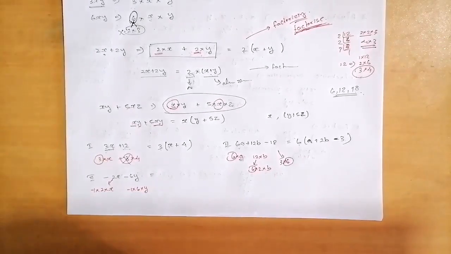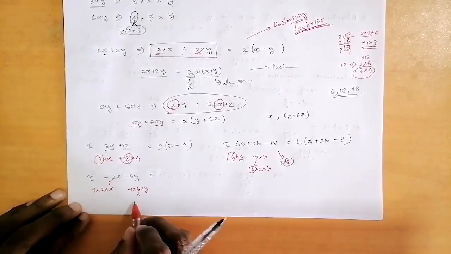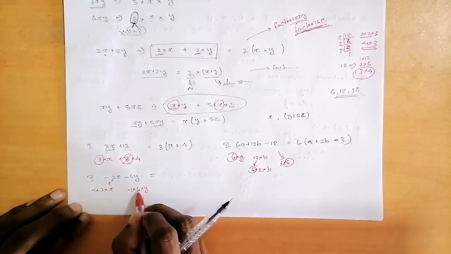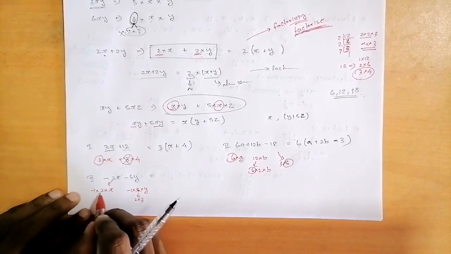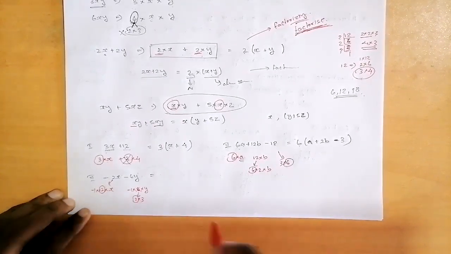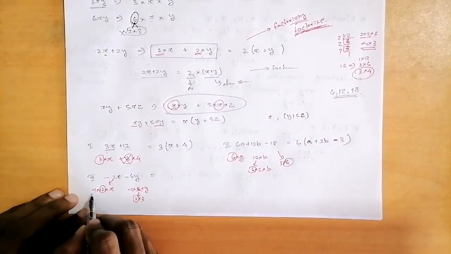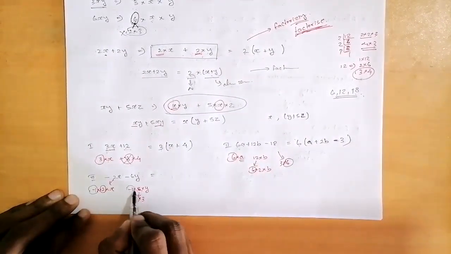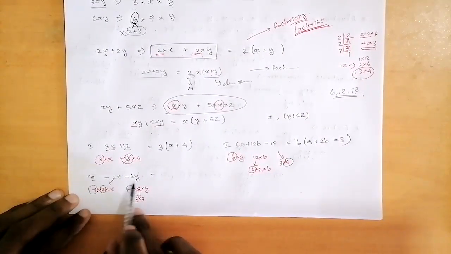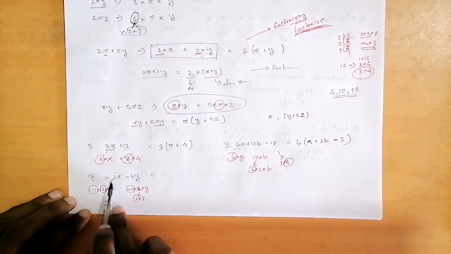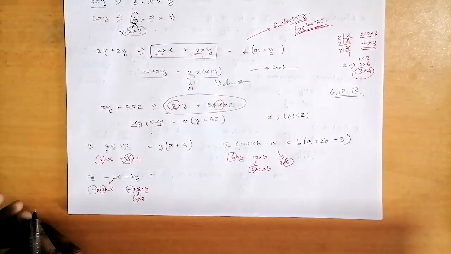Which are the common elements? x is not common. From 6 we can write 2 into 3, so we have 2 as a common element. And also the negative sign is common, since both algebraic terms are negative.